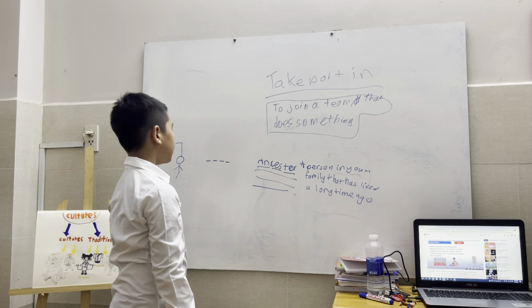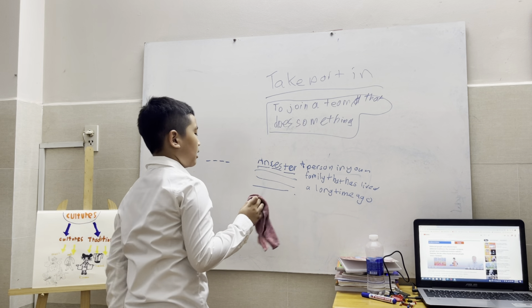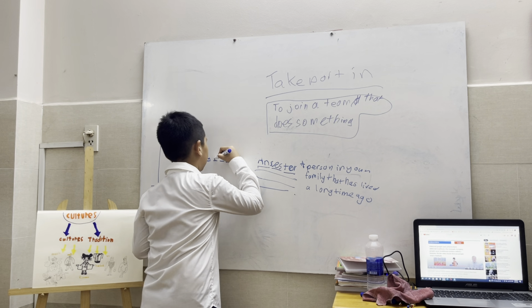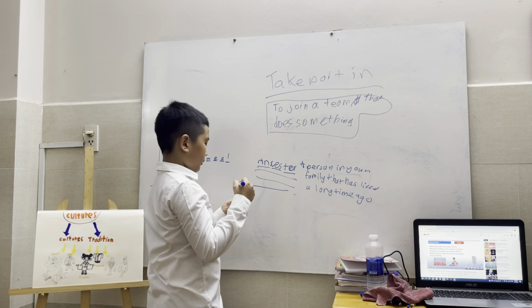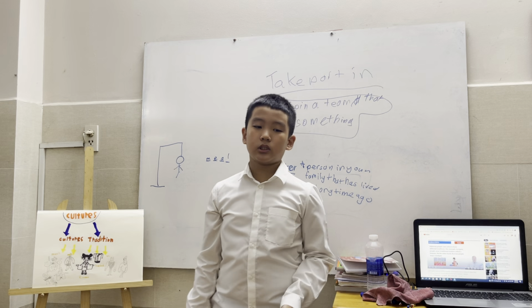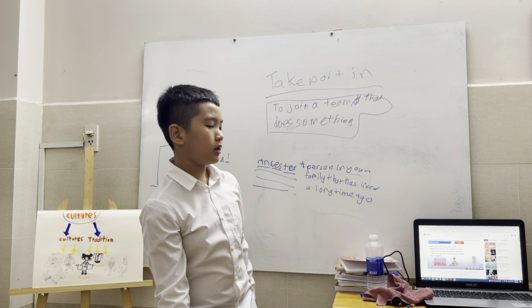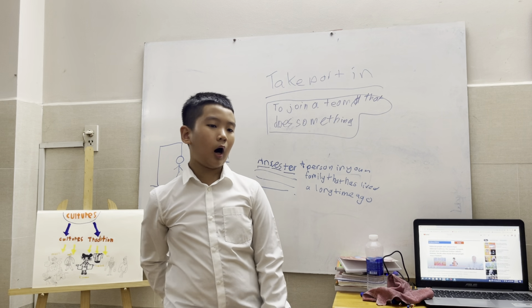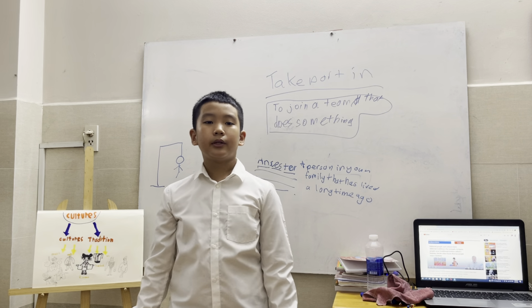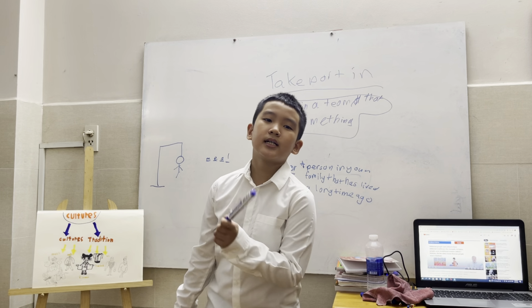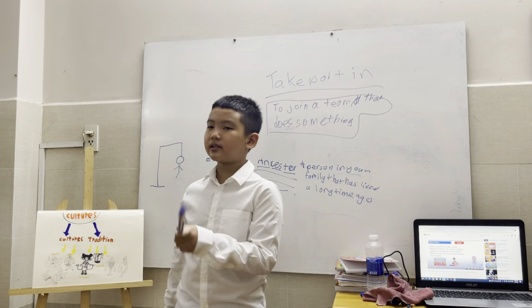Next, we are going to make another crossword. But I'll tell you first. The right word is meal. Meal means you're eating breakfast, lunch, or dinner. If you're a hobbit, then you will have breakfast, second breakfast, lunch, second lunch, dinner, and second dinner.